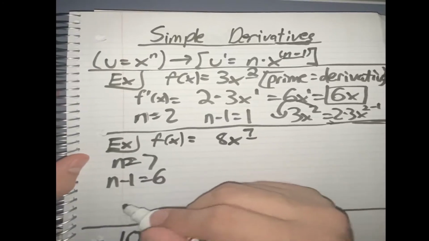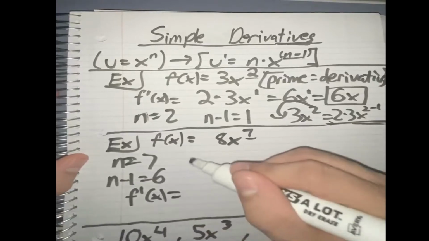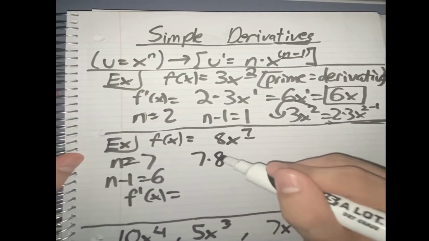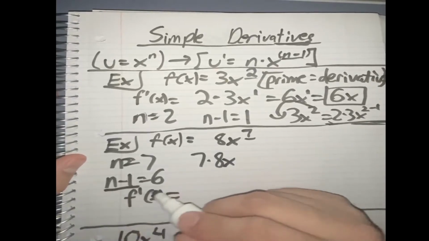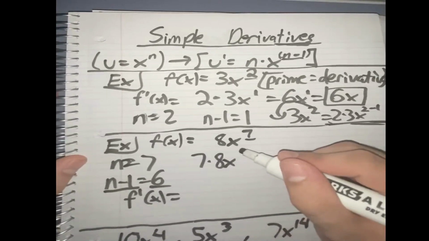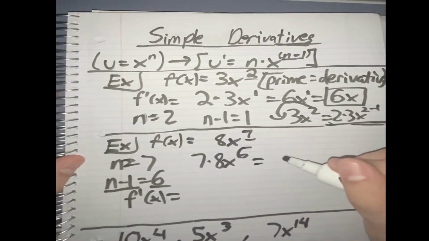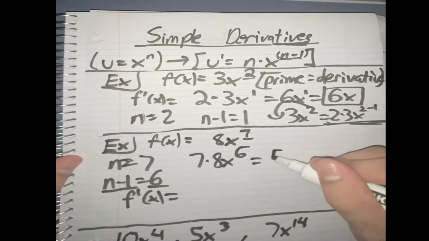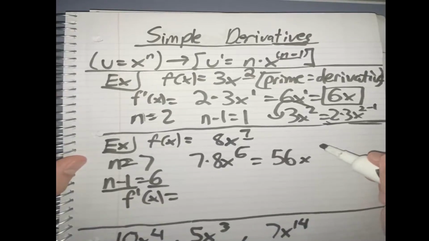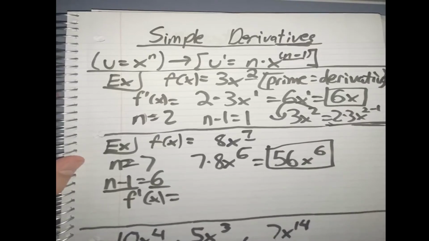To solve for f prime of x, we have n times the function, so 7 times 8x, and then n minus 1 is equal to 6. We simplify: 8 times 7 is 56x to the 6, and this is equal to our derivative.